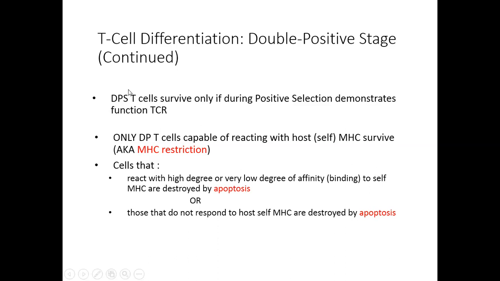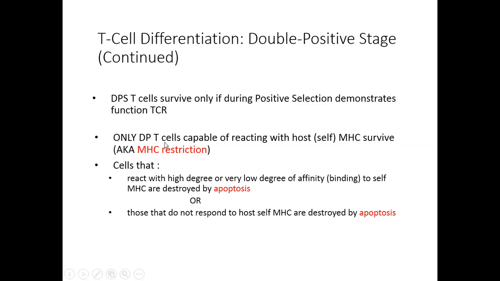As I said, we're looking for the functionality of the T cell receptor. What exactly are we looking to see that it can do? We're looking to see that T cells are capable of reacting with the host's MHC. Think about it.